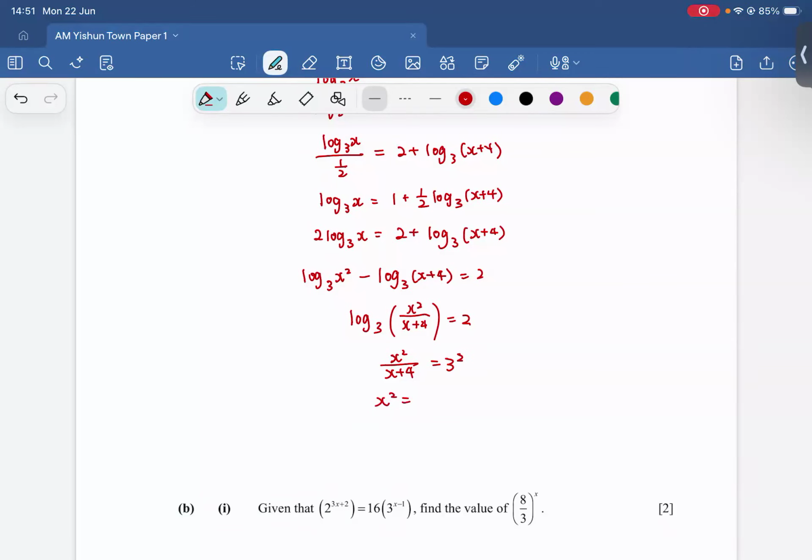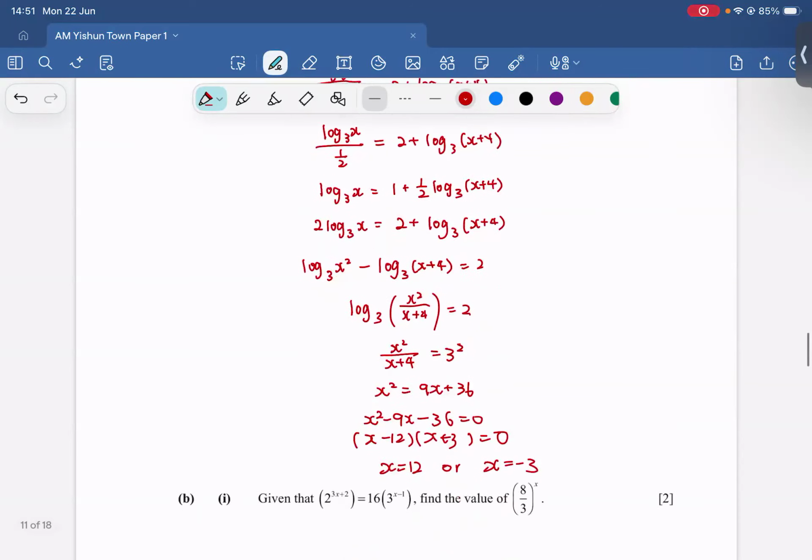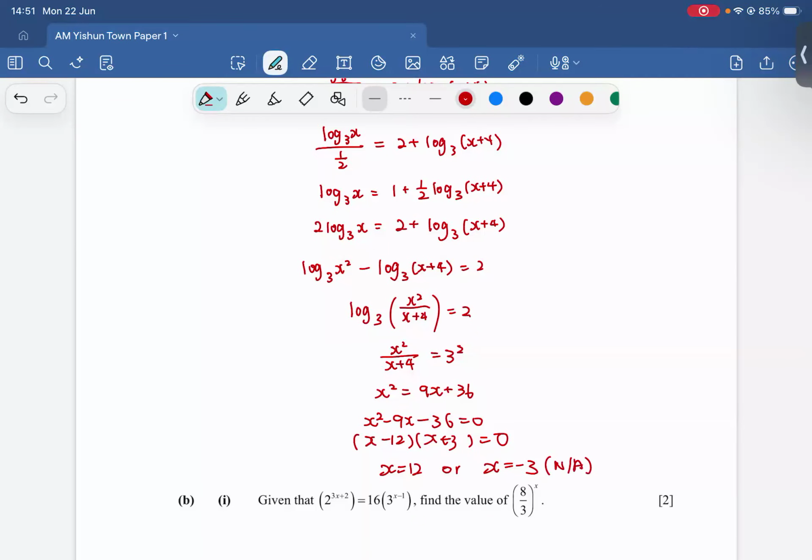Then you can see now it's just a quadratic equation. So we have x equals 12 or x equals minus 3. Okay, do check. When we put it back, remember you cannot log a negative number. So we have to reject x equals negative 3.